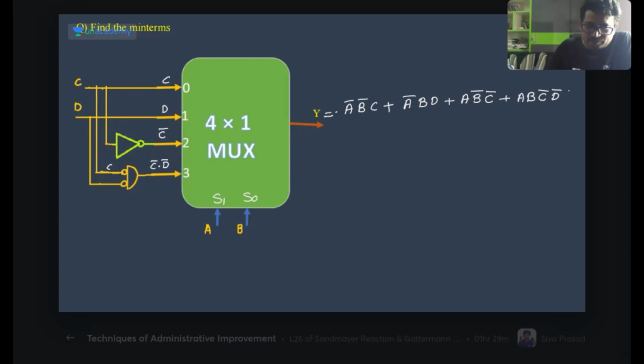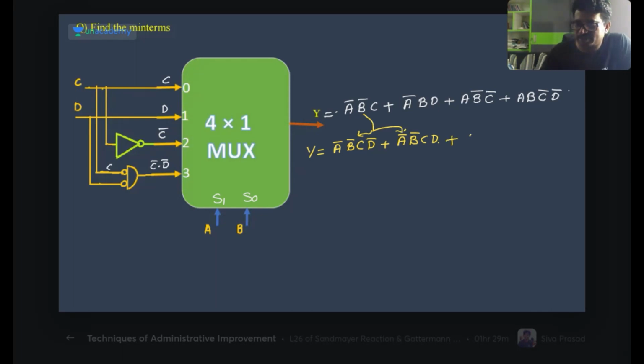Now they ask us to find the min terms. How to get these min terms now here? The expression we should write now here. This is A bar B bar C. The D is missing now, so once we place a D bar, next A bar B bar C D. These two we will get here, isn't it?